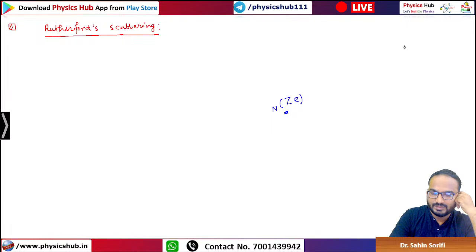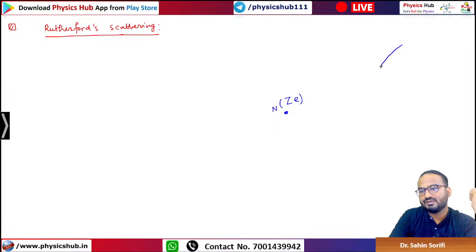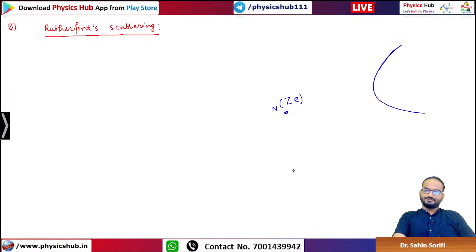Let's say an alpha particle is coming, so it will go like this, and after reaching a certain distance, the distance of closest approach, it will change its course and get deflected. So you can imagine it in this way.